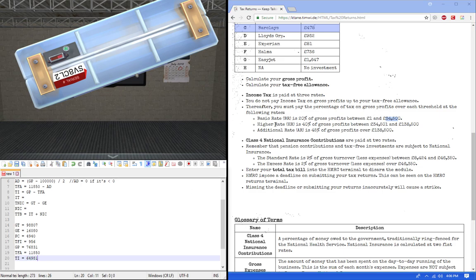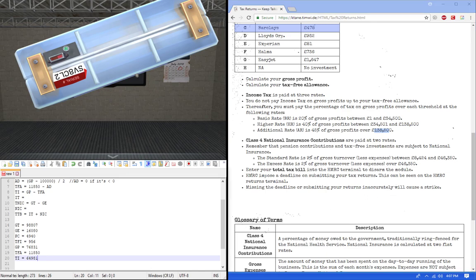And then we're going to tax the second part at 40%, that is if it lies between 34,501 and 138,500. Well, our value doesn't go above 138,500, so we don't have to worry about the additional rate, which is we're going to tax 45% of anything over 138,500.